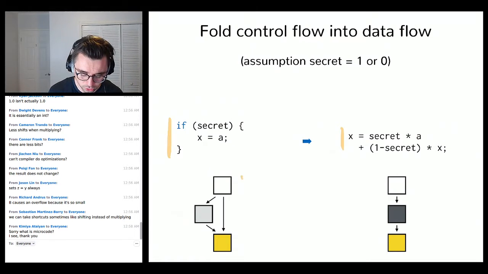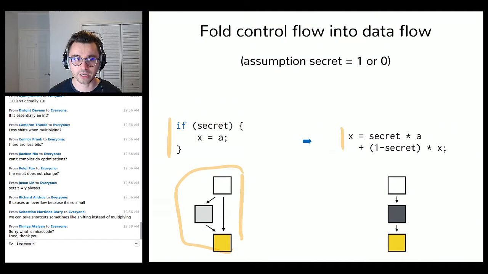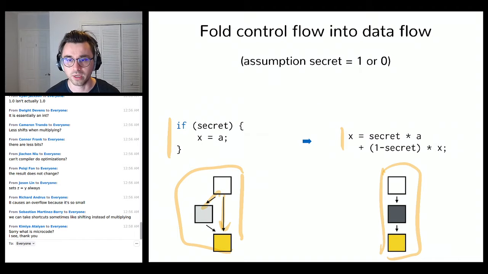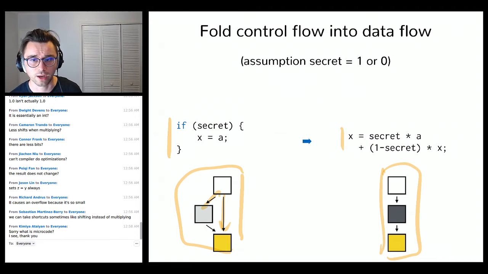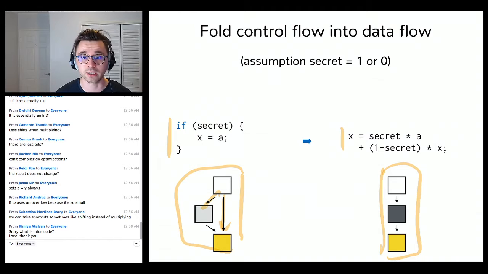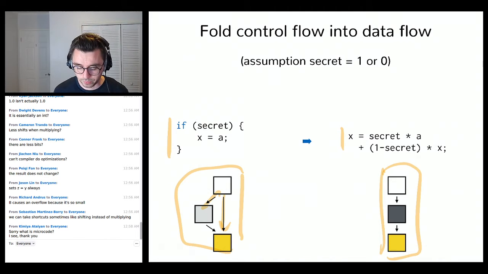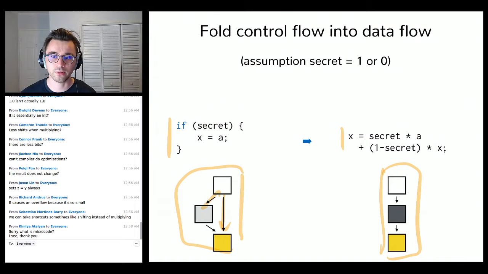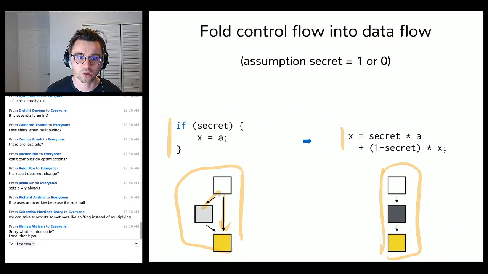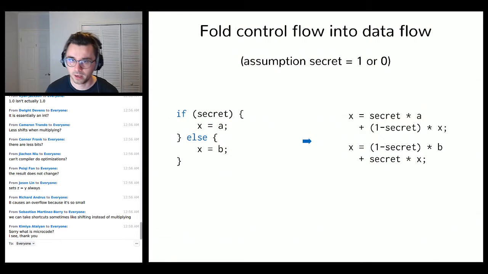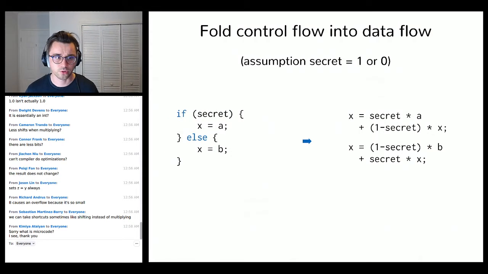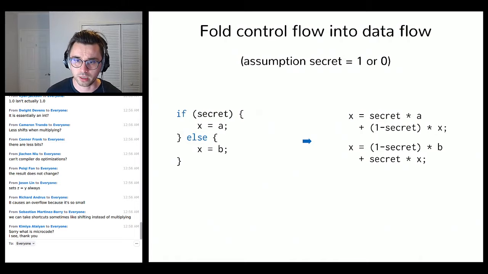If we look at the control flow graph, this one has an explicit branch, which would potentially leak whether or not we take this branch through the iCache. This one is straight line code. It's doing nothing interesting, it's just arithmetic, and these two are semantically equivalent. The one on the right might be a little bit more costly, but it's a worthwhile trade-off, especially for crypto implementations.